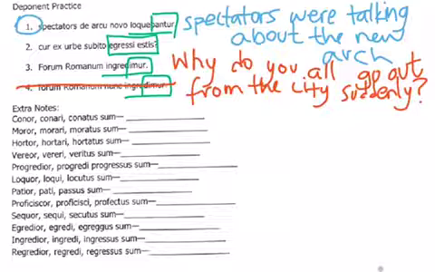Okay, you still have to look at your verb ending to know that your subject is you all, right? Sorry, why did you all? Because it's perfect tense. Mea culpa, mea culpa.